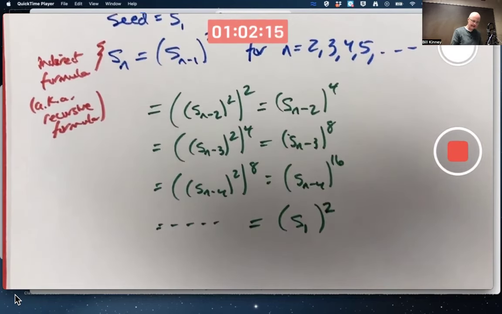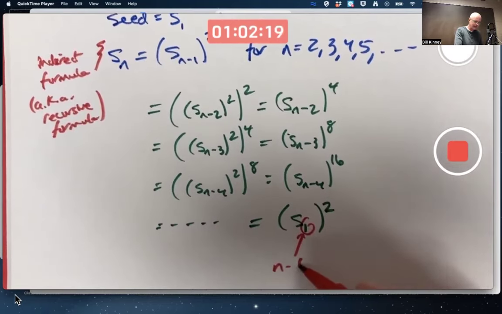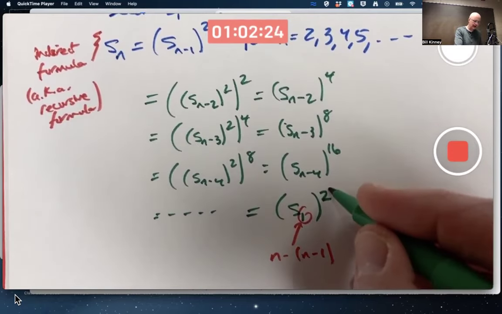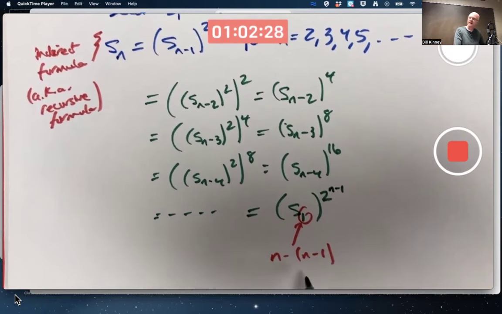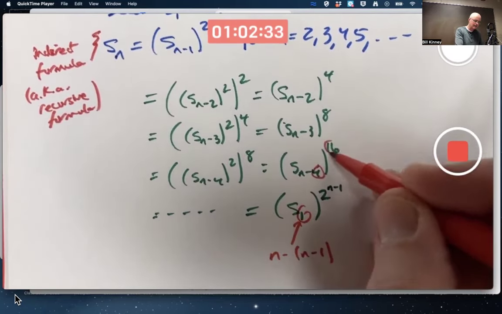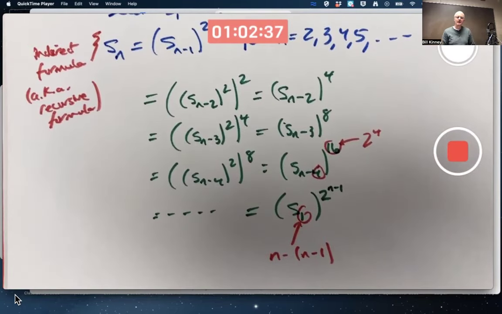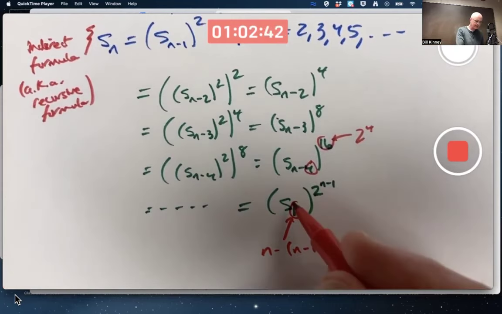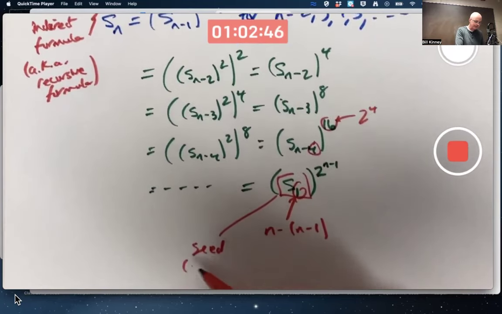Since 1 is the same as n minus 1, the power of the 2 here would be n minus 1, because the power of the 2 matches what you subtract from n, just like it did here. 16 is 2 to the 4th. So it seems like if we got a fixed value of S1, the seed, that whole thing is the seed, that's given, that's a constant.